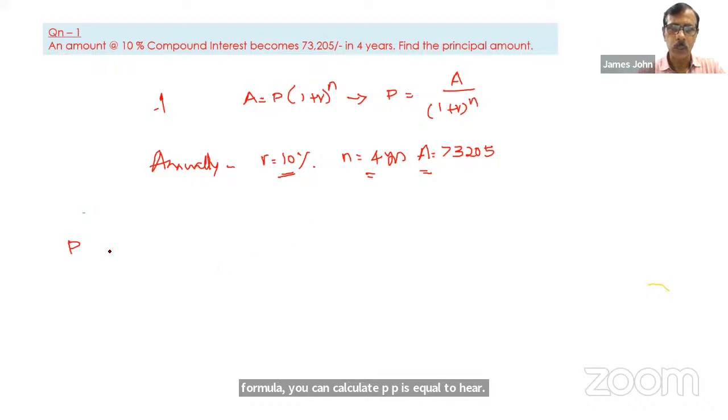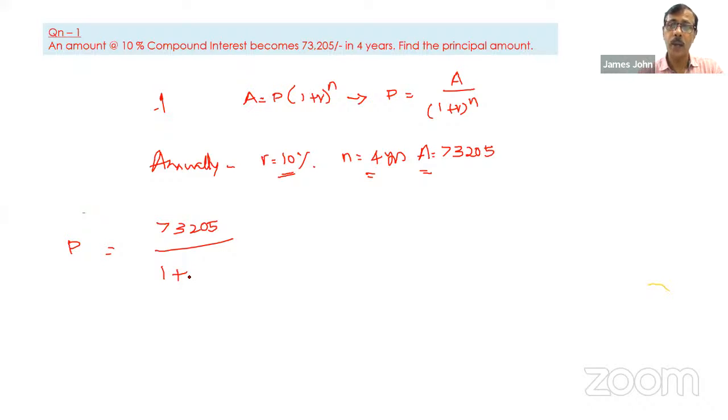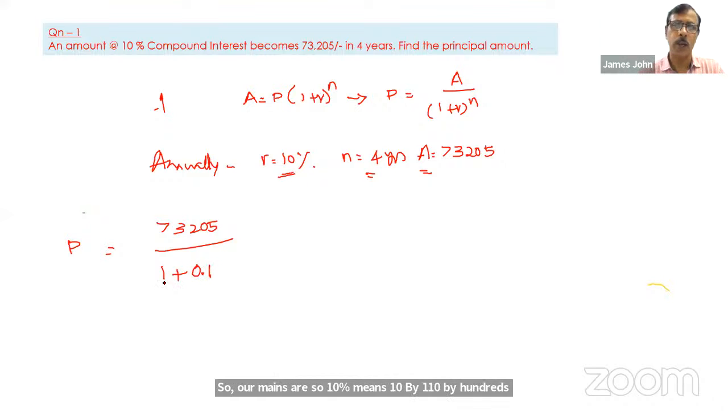Now you substitute. So P is equal to 73,205 divided by (1 plus R). R is 10%. Here nothing is mentioned, that means it is annually compounding. So 10% means 10 by 100, and 10 by 100 is 0.1.